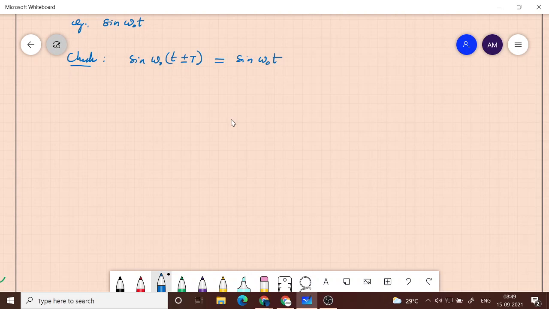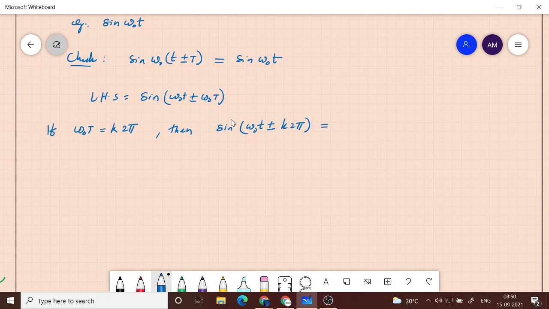What is the requirement? If I expand the left-hand side, this is basically sine of omega 0 t plus or minus omega 0 capital T. If omega 0 into capital T is some multiple of 2 pi, then we get sine of omega 0 t plus or minus k 2 pi, and this is definitely equal to sine omega 0 t.